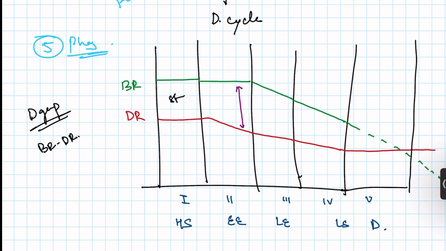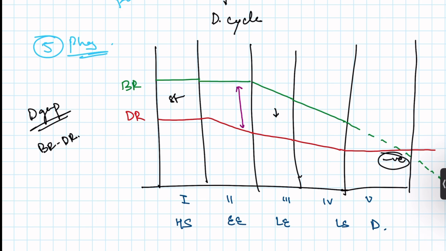In the later part of the early expanding phase 2, it will be maximum. Then the birth rate is also declining, so this demography gap will start to decrease. Then in the fourth phase, both the birth rate and death rate are slow declining, so it will be stable. And in the fifth phase, we can see this is negative.